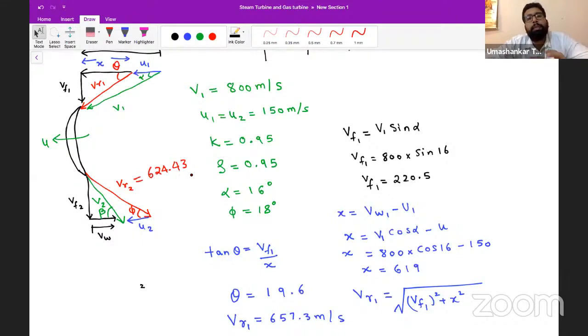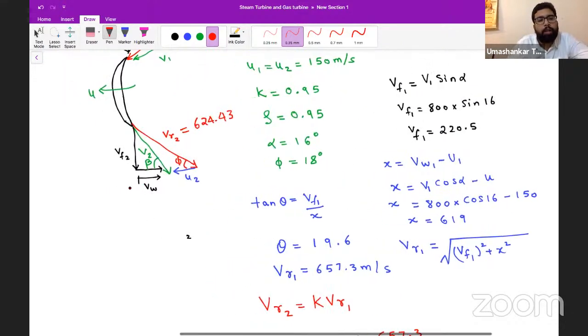No, my dear friend. We are interested in finding the absolute velocity at the exit of any blade, not the relative velocity. So do not get confused. Steam is not moving further with this relative velocity, but with the absolute velocity. So we require this V2 also.